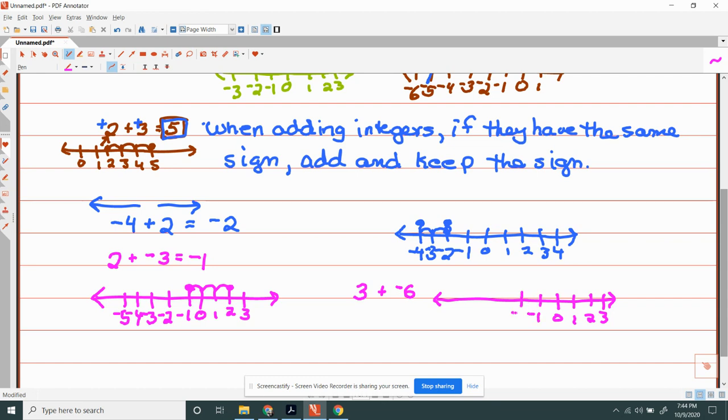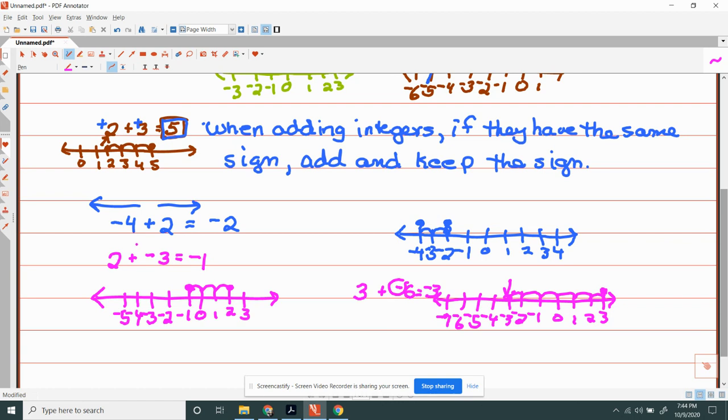Negative 1, negative 2, negative 3, negative 4, negative 5, negative 6, negative 7. Okay, we're starting out with our 3. Now the negative sign means we go left 6 units. 1, 2, 3, 4, 5, 6. And where did we end up? We ended up at negative 3.